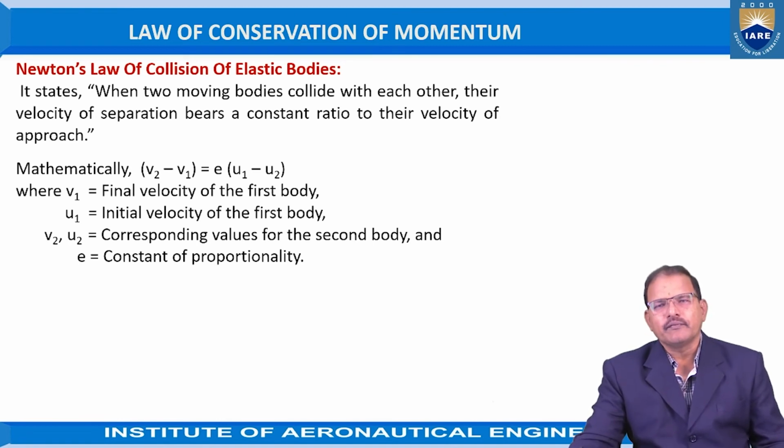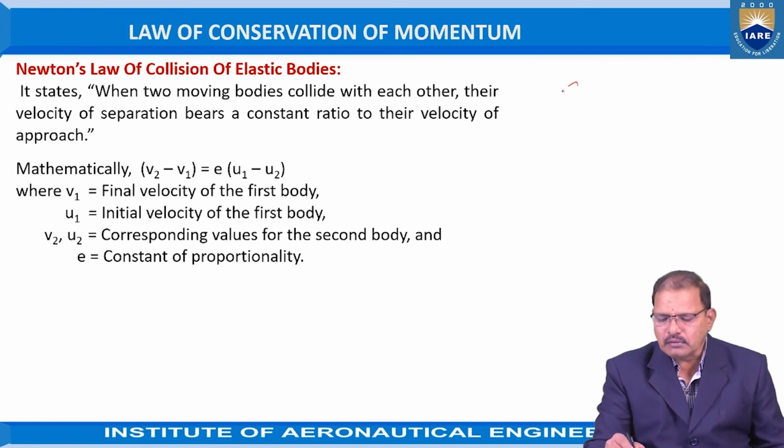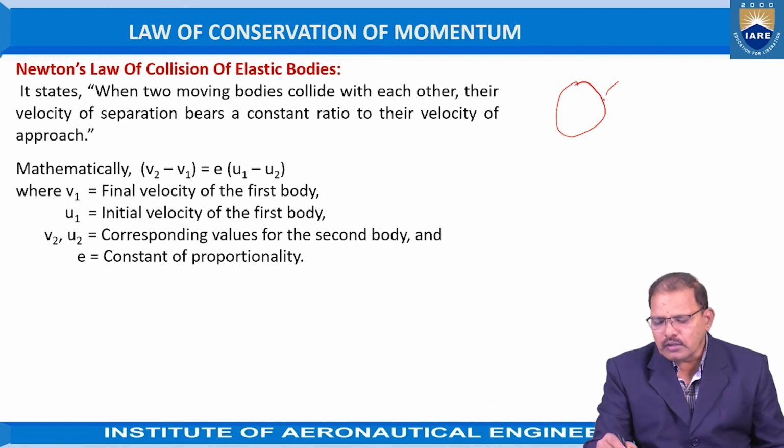Newton's law of collision of elastic bodies. When two moving bodies collide with each other, their velocity of separation will be in a constant ratio with their velocity of approach. Here two bodies are moving together and colliding with each other.